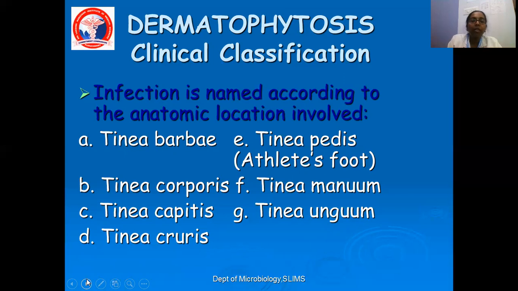Tinea corporis is the most common, and it infects the whole body, usually seen in the trunk and other regions. Tinea manuum, that is in the hand. Tinea capitis, tinea unguium, tinea cruris. Tinea unguium is in the nails, and tinea cruris is jock's itch in the genital areas.